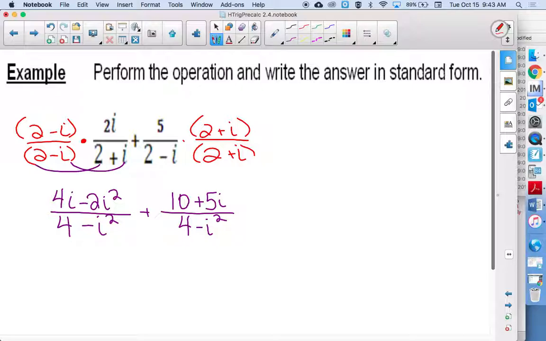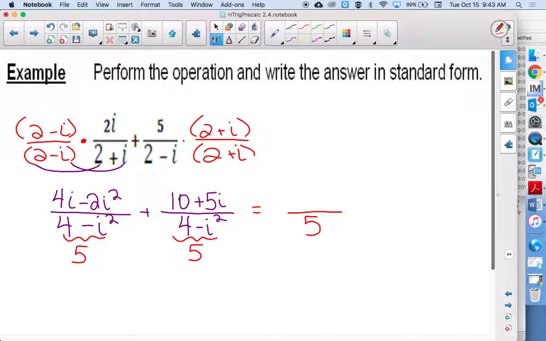Garrett, what's your denominator become? 3. Oh, so close. Oh, 5. So our denominator is now 5. They both have the same denominator. So Emma, what can you do with the numerators if the denominator is the same? Yeah, add like terms.